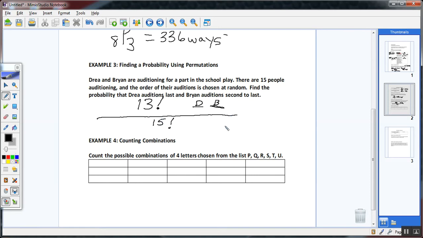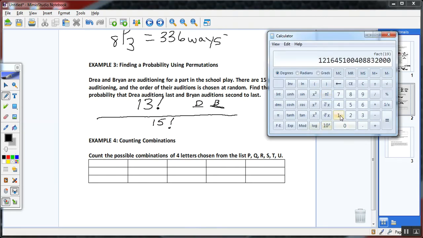15 factorial. So in your calculators, do this: 13 factorial, which is going to be a big number, but we're going to divide it by what, kids? 15 factorial, because we're looking for a probability, right?